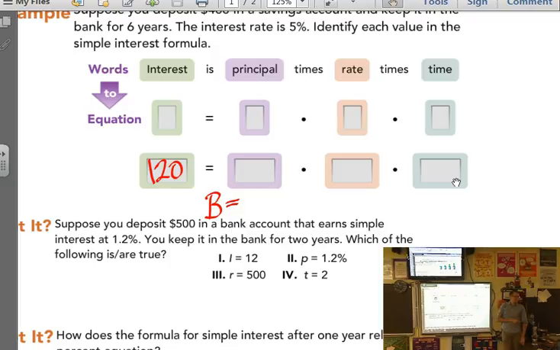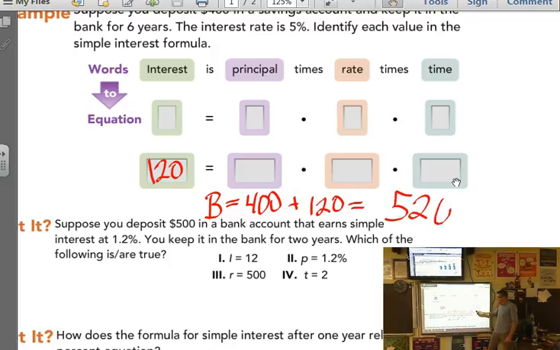Oh, you add the interest in. Yeah, we started with 400. We add our 120, and the balance here becomes 520. Finding the balance is not complicated if you already have the interest. Do not look at a problem and try to jump right to the balance. That's a bad idea. Find your interest first, then add it to your principal.